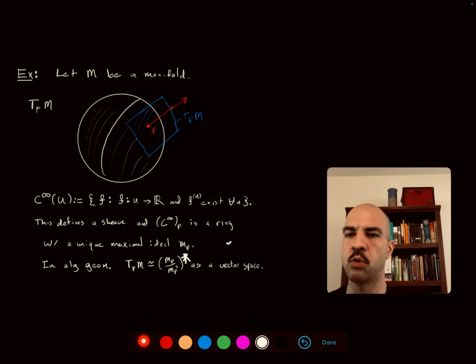So by taking that dual, we get the tangent space. And this is another way to look at the tangent space that is localized around the point, and we consider it as a local ring by looking at this as a sheaf. So this is one application of this sheaf theory that comes in quite handy for physicists and other areas in applied math.